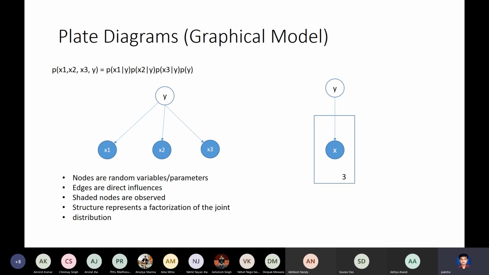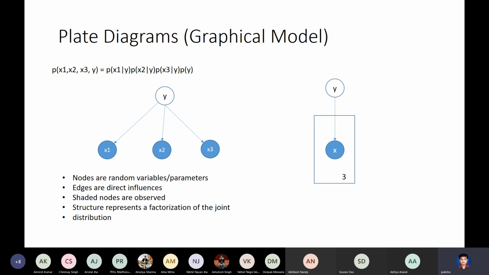If it is shaded, it's an observed random variable. If it is not shaded, it is either a latent variable or a parameter. Both are unknown. A latent variable is not observed, and parameters are not directly observed and have to be estimated. And shaded variables are the ones that we actually observe.